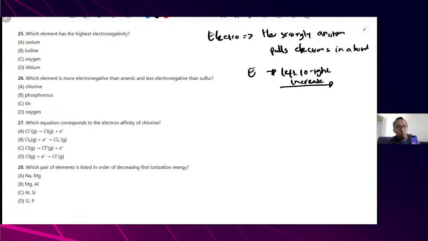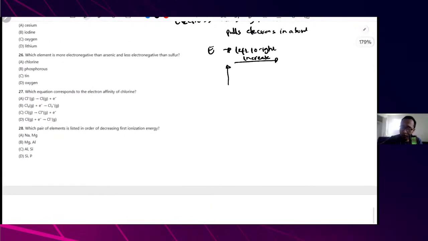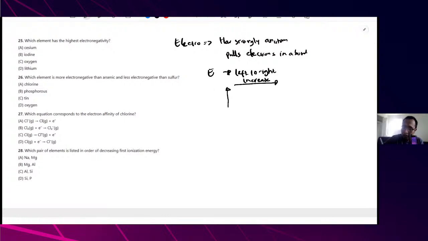And then when you go up, from bottom to top, it will increase too.